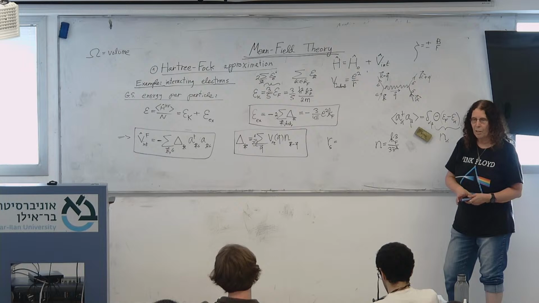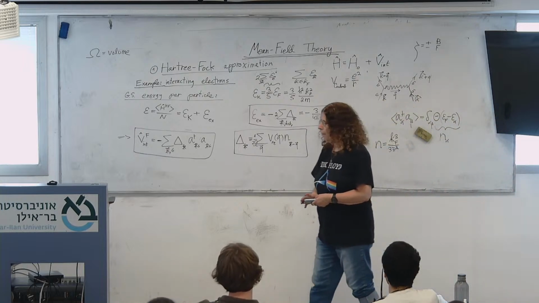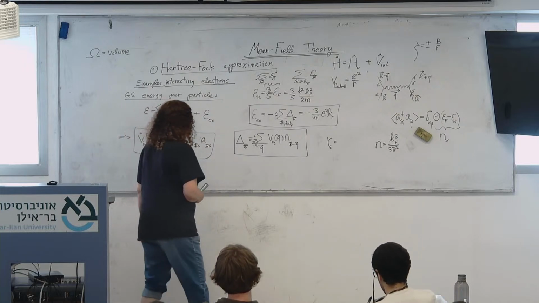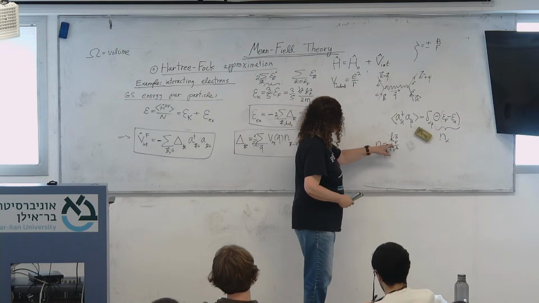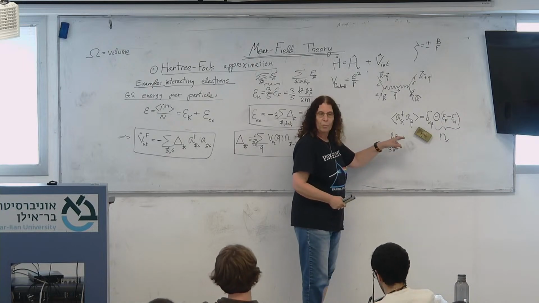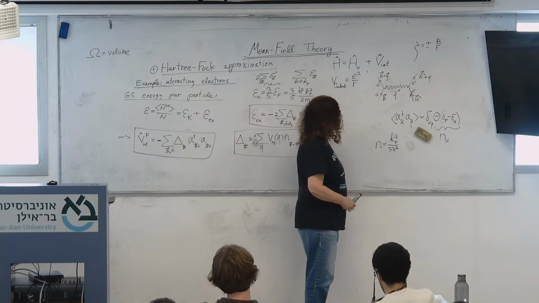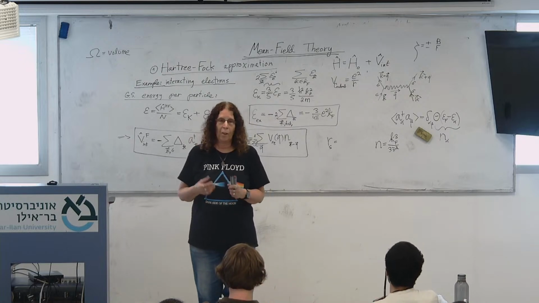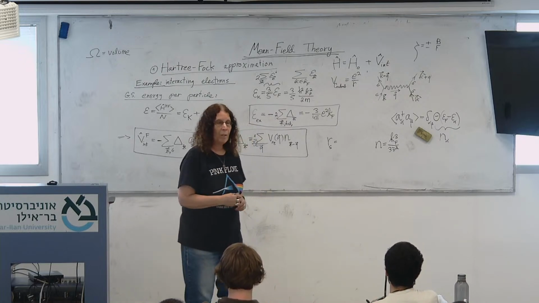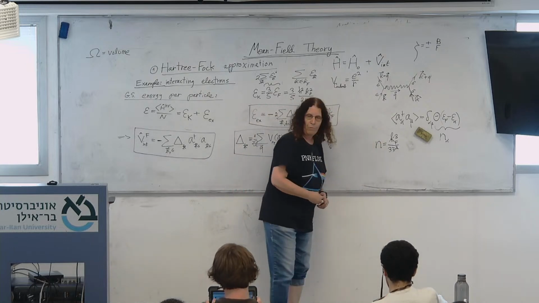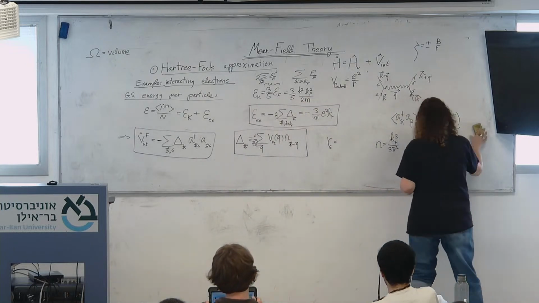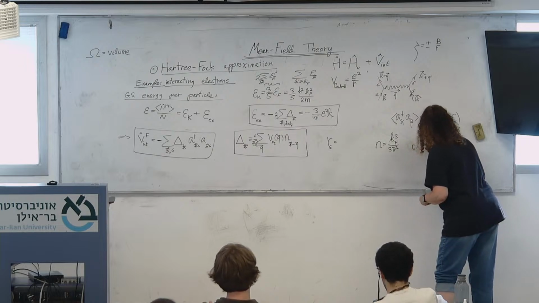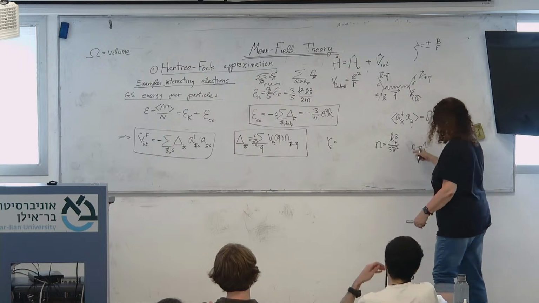So the density of particles is proportional to Kf cubed. Kf, the Fermi momentum, is of order the inverse of an angstrom. So what is 1 over Kf? This will give me a length scale. Let me call it R0, and it's of order an angstrom.